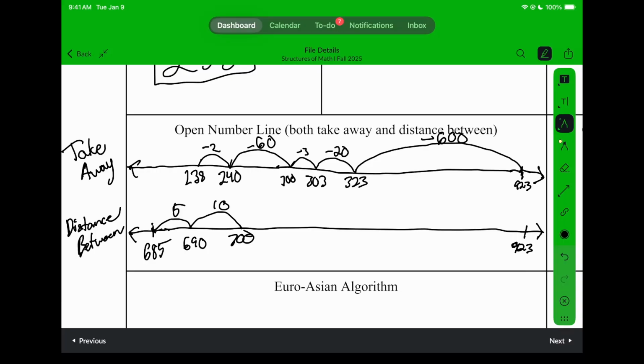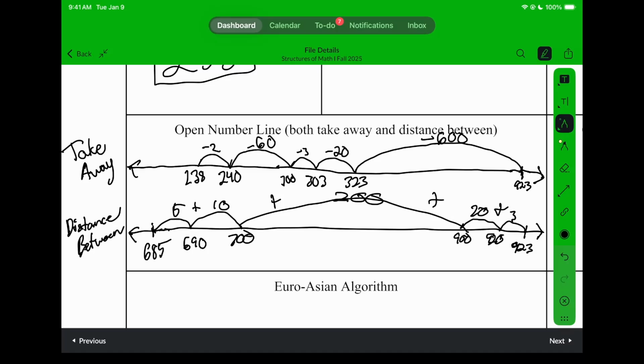On the 923 side, that's 3. So now we have 920. And then that's 20. So we have 900. And then, boom, that's 200. And now the numbers are connected. So then, little plus signs, bang, bang, bang, bang.